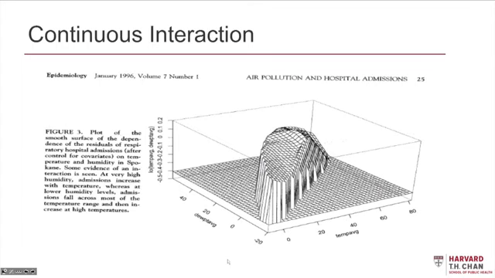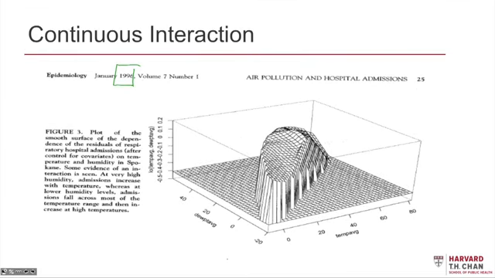So this is a paper that I published in 1996, so you can see this has been around for a while, where I looked at a nonlinear continuous interaction between temperature and dew point temperature, to get back to that humidity and temperature thing, and hospital admissions for respiratory disease.